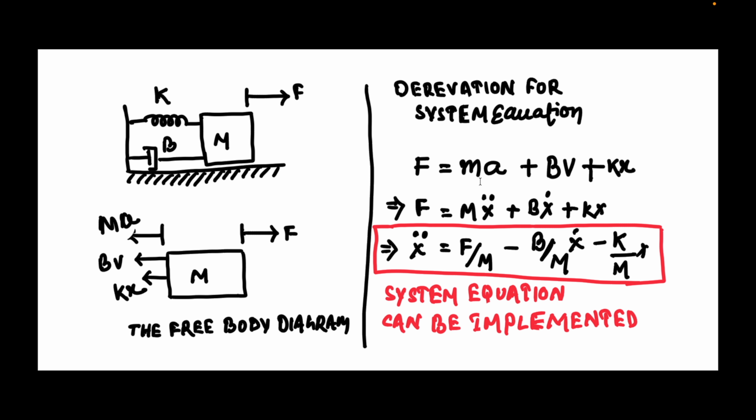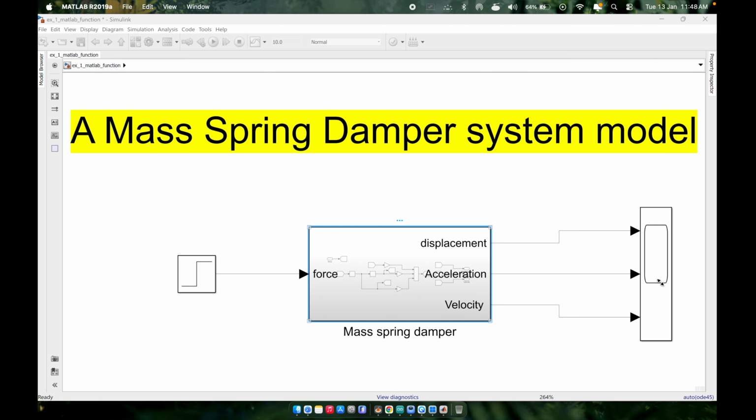So we transform the acceleration into the double derivative of displacement with respect to time, and the velocity into the single derivative of displacement with respect to time, and kx stays as it is. The highest order term we shift to the left hand side, and the remaining terms we keep on the right hand side. Based on this, we have the system equation, and that we have modeled in this particular model.